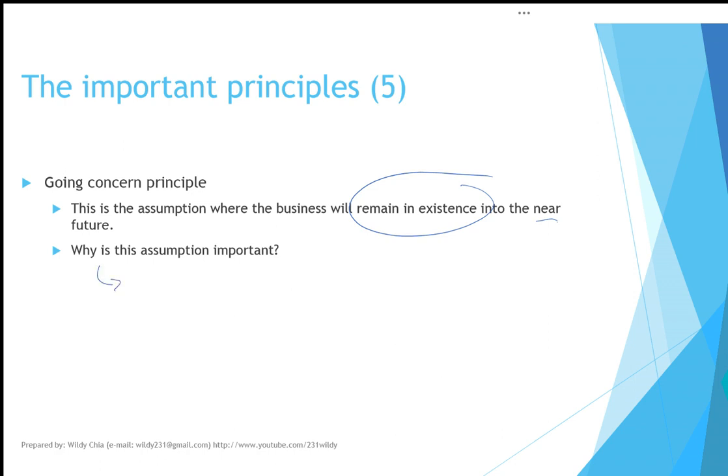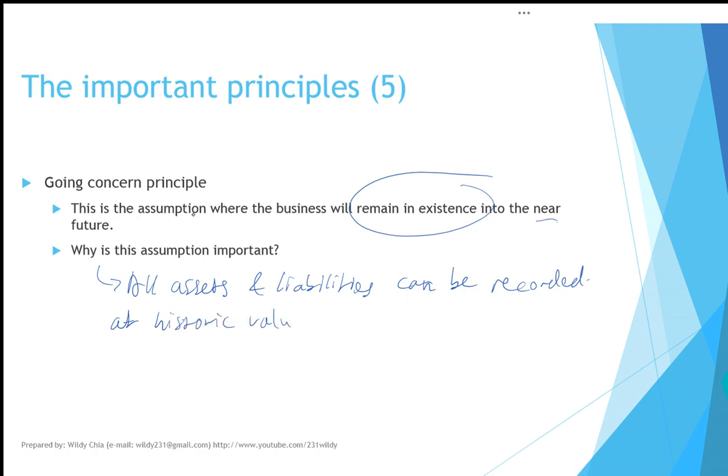Because when this assumption is true, all assets and liabilities can be recorded at historic values. Because so long as there is no necessity for the business to liquidate and dispose of all assets, assets and liabilities can be recorded at historic values.